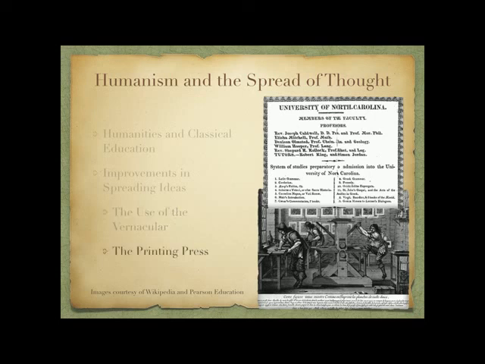Secondly, and equally importantly, was the development of the printing press, an invention which had been around in China for centuries, but was first utilized by Johannes Gutenberg in European culture.